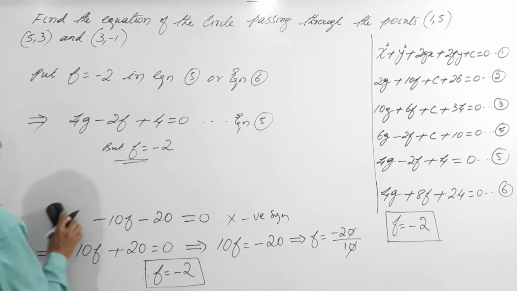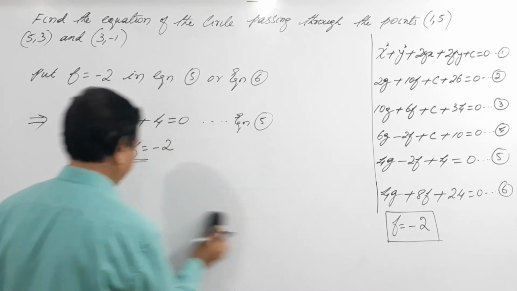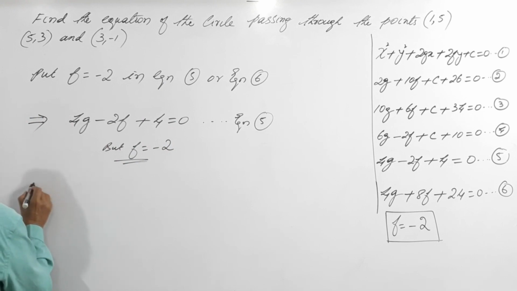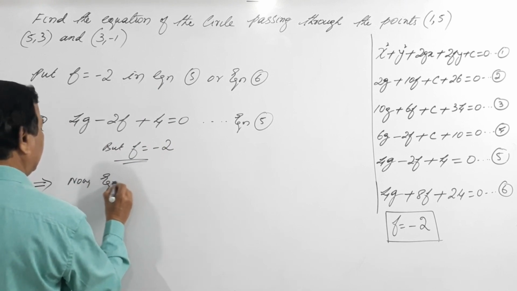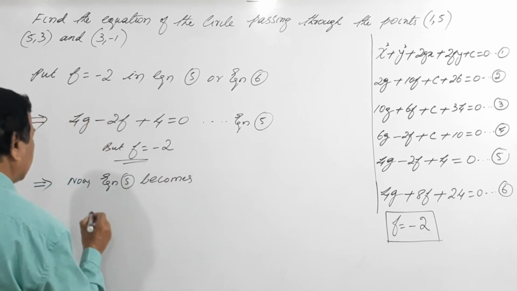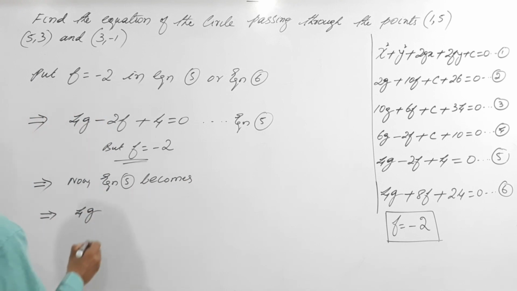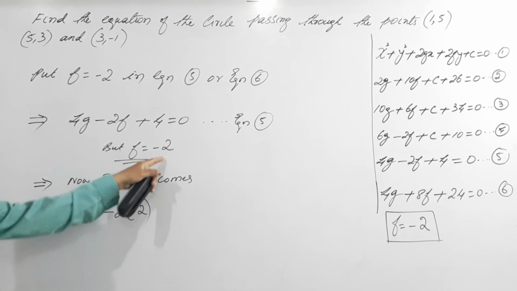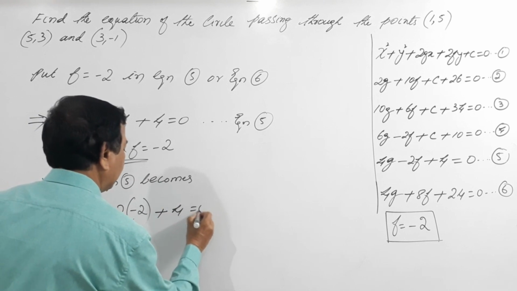So equation 5 becomes 4g minus 2 into minus 2, because I put the value of f as minus 2, plus 4 equals 0.